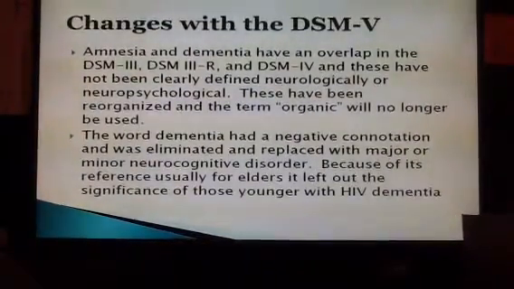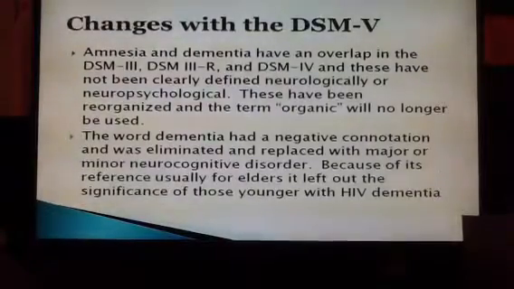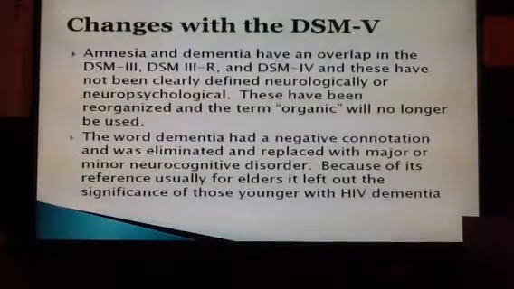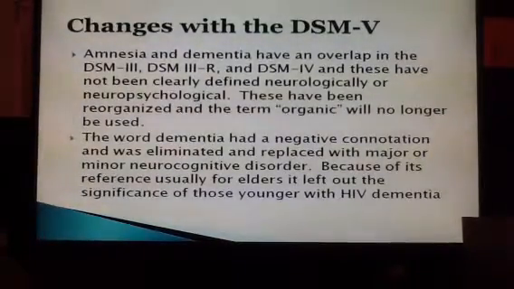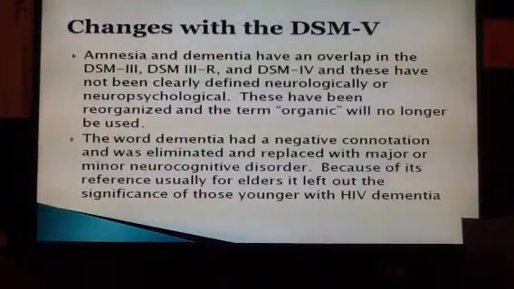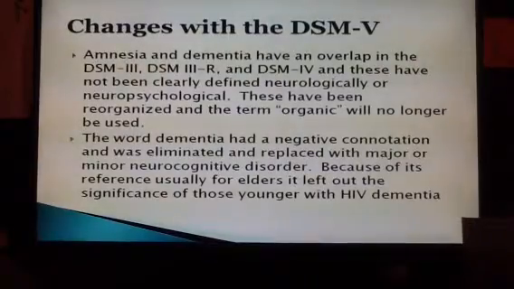Changes with the DSM-IV. Amnesia and dementia have an overlap in the DSM-III, DSM-IIIR, and DSM-IV, and these have not been clearly defined neurologically or neuropsychologically.